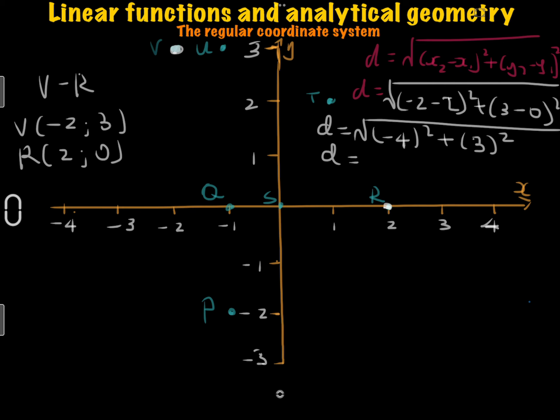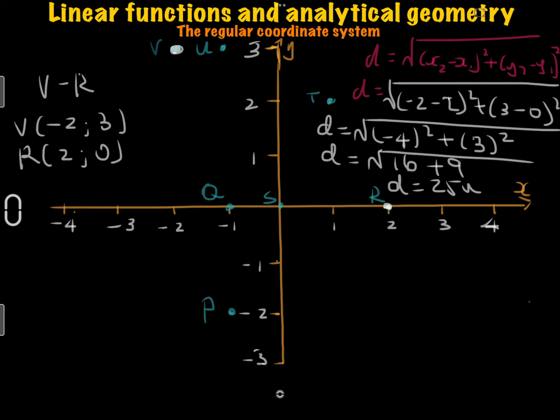D is equal to, remember now, 4 times 4 gives us 16. Remember, we're still squaring this. So we get 16 plus 3 times 3 gives us 9. So D is equal to 25. Now these are in unit form.